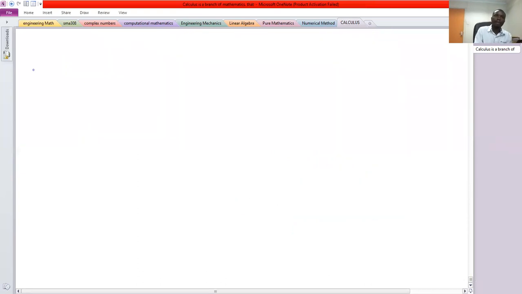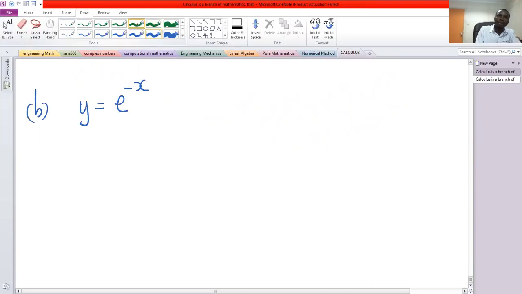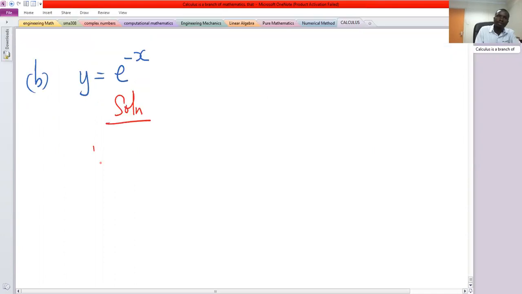B, y is equals to e raised power negative x. Now, to solve by quotient rule this problem, we note that if we have y equals to e raised power minus x, then from laws of indices, we get the same as 1 over e raised power positive x.